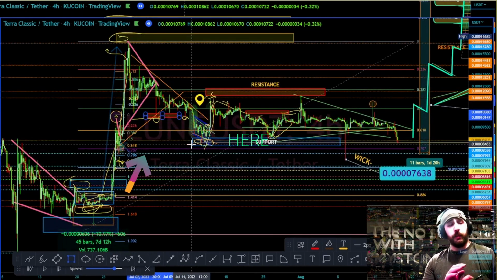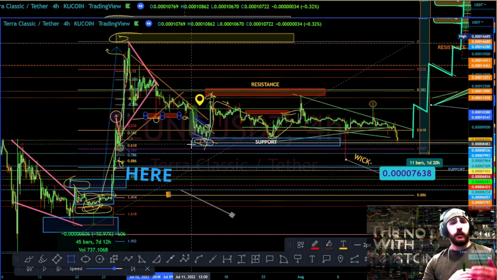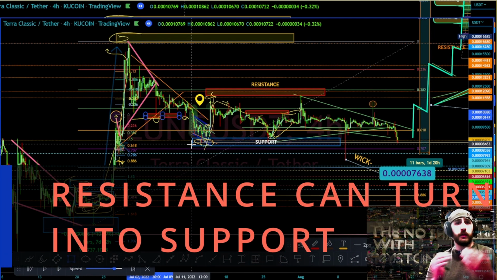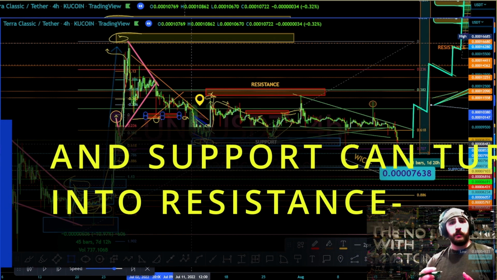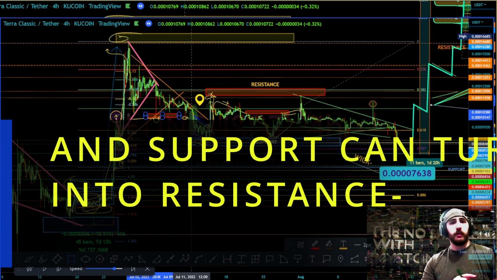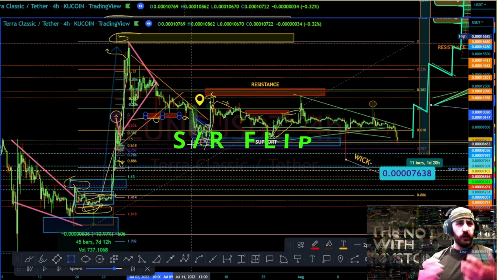It's really important to know that support can turn into resistance and resistance can turn into support. SR flip. Both can turn into one another. Support into resistance, resistance into support. Sounds a little confusing, but you will get the hang of it.